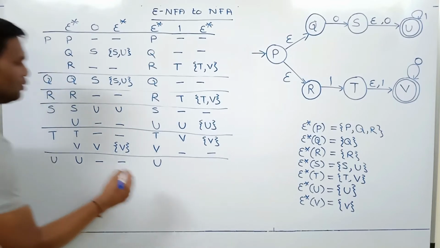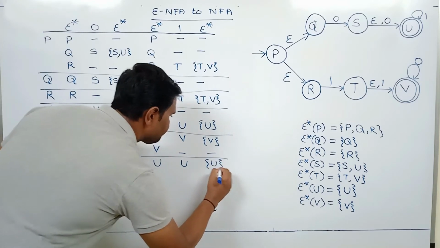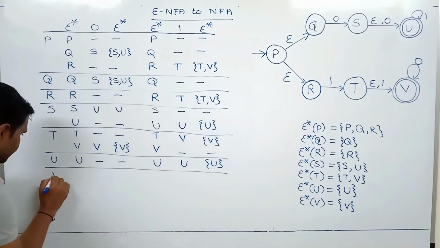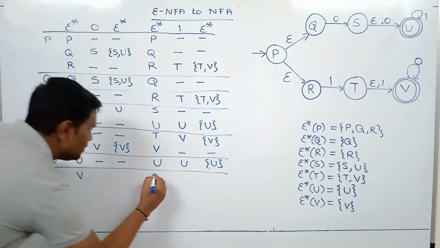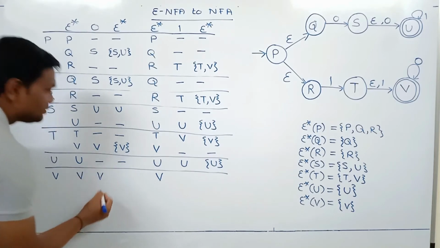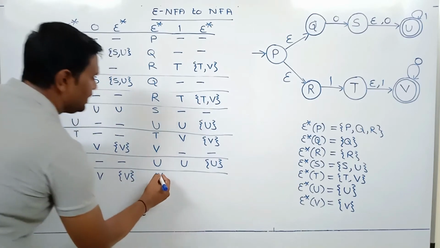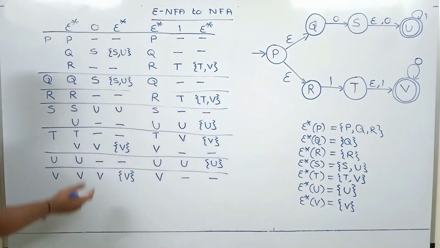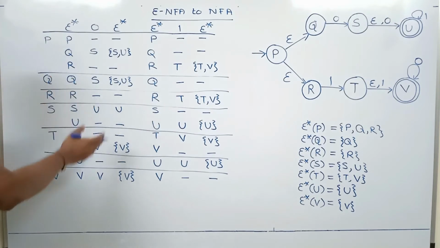U on 1, it goes to U. Epsilon closure of U contains only U. And then state V, epsilon closure of V contains only V. V on 0, it goes to V. Epsilon closure of V contains only V. V on 1, no transition. So there is no transition. So here we complete transition table for NFA without epsilon moves.